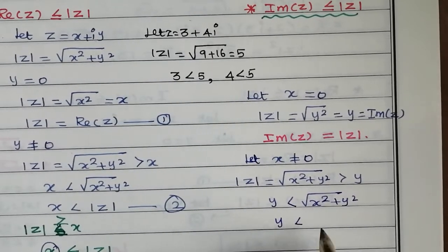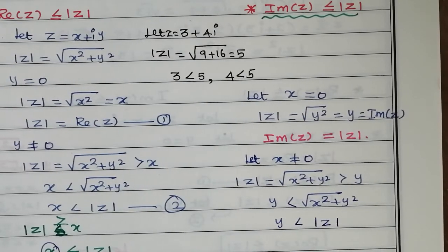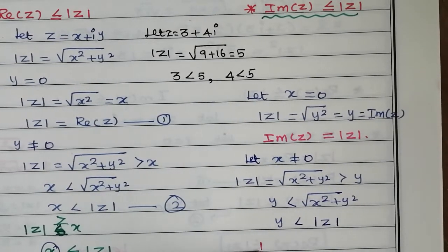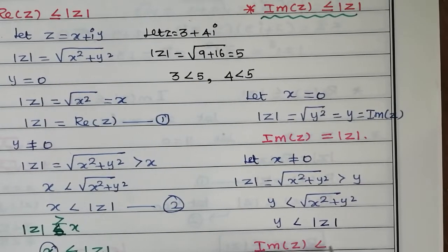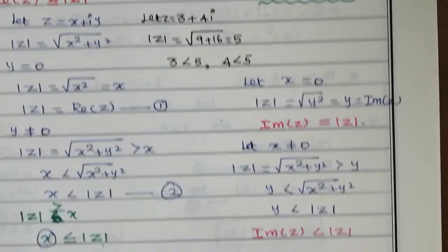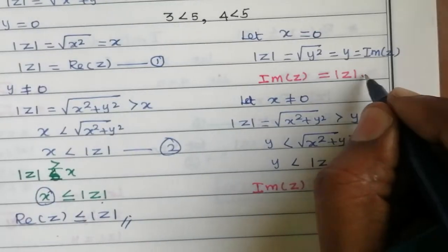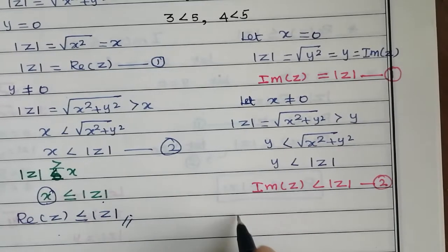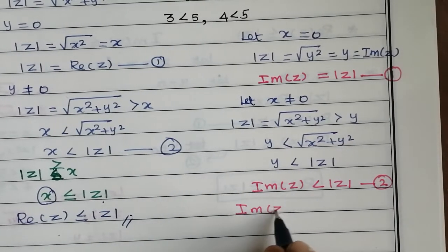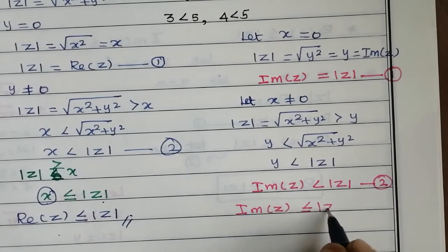That is, y is less than modulus of z. What is y? Imaginary part of z is less than modulus of z. So combining equation 1 and 2, we get imaginary part of z is less than or equal to modulus of z.